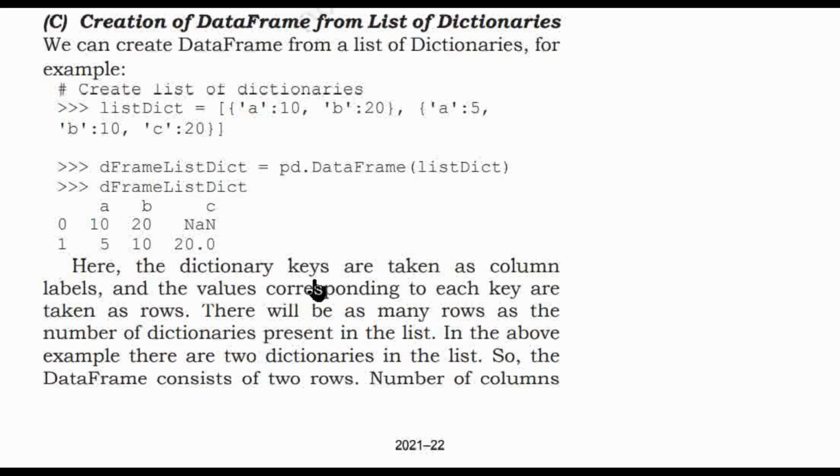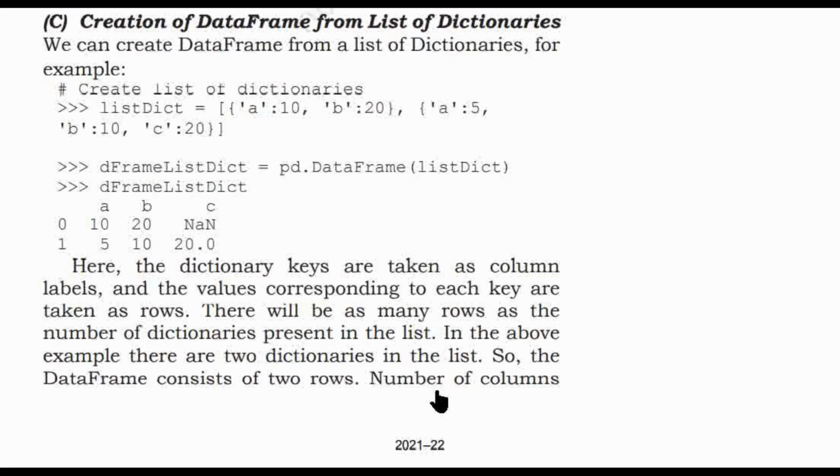Here the dictionary keys are taken as column labels and the values corresponding to each key are taken as rows. There will be as many rows as the number of dictionaries present in the list. In the above example, there are 2 dictionaries in the list, so the DataFrame consists of 2 rows.